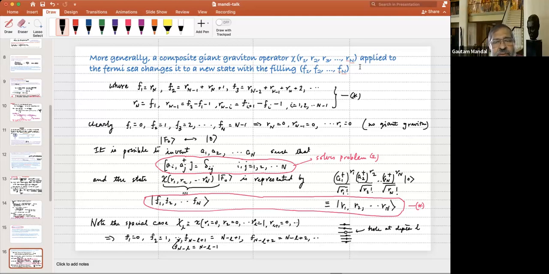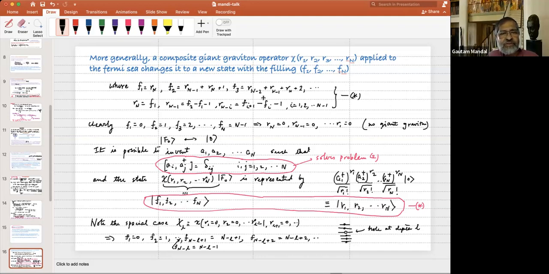So composite giant graviton, where there are R1 giant gravitons of angular momentum 1, R2, etc. So that corresponds to choosing a representation which has R1 columns of size 1, R2 columns of size 2, etc. Now you can explicitly compute what happens, just like the little exercise that I did for the totally antisymmetric tensor of 2 boxes. What it does to the Fermi C is it creates a hole at depth 2.